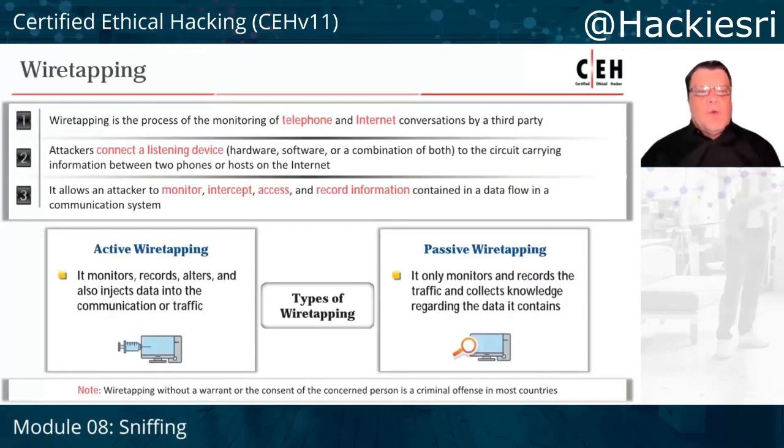Wiretapping. Wiretapping is the process of monitoring telephone and internet conversations by a third party. Traditionally, wiretapping referred strictly to phone taps, but the scope of the meaning of that term has now been expanded to also include internet wiretapping. Attackers connect a listening device, hardware, software, or a combination of both, to a circuit carrying information between two phones or hosts on the internet.